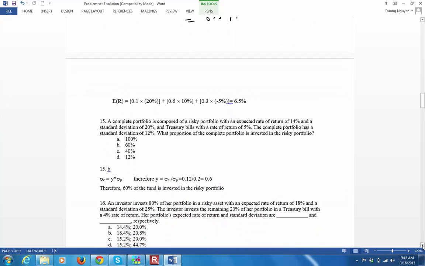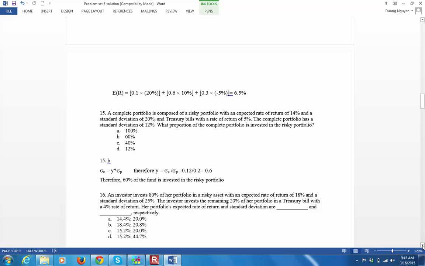Number 15. Alright, you know that for any investor, the complete portfolio is a combination of 2 things. One is T-bill, which is risk-free.